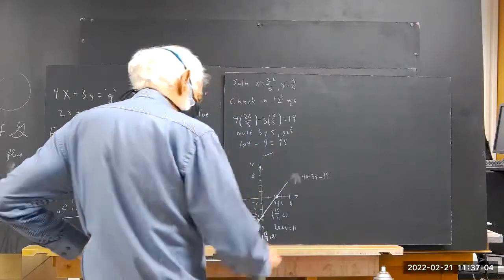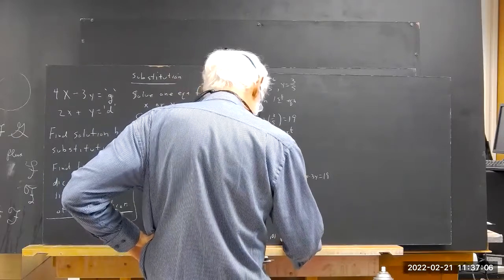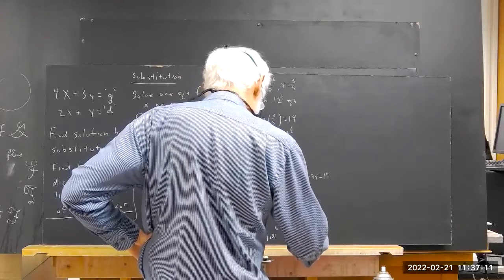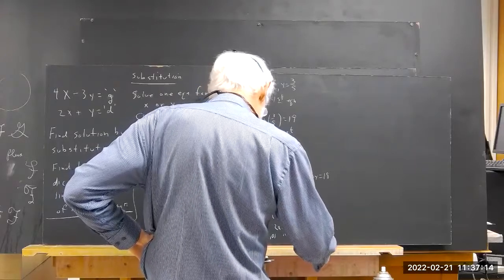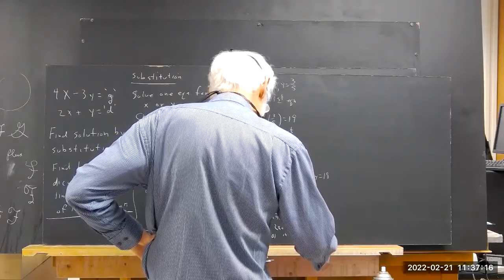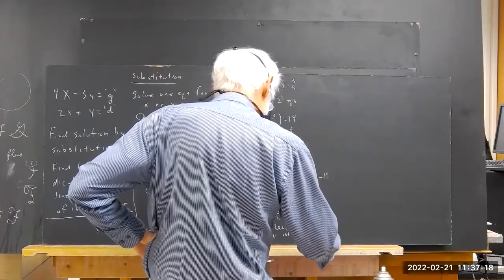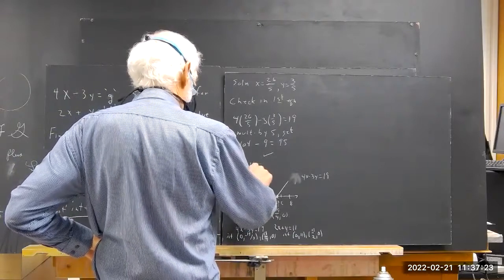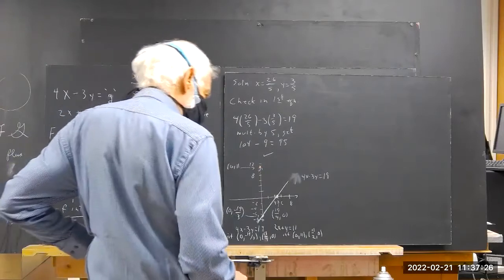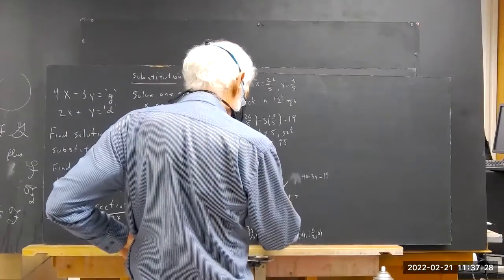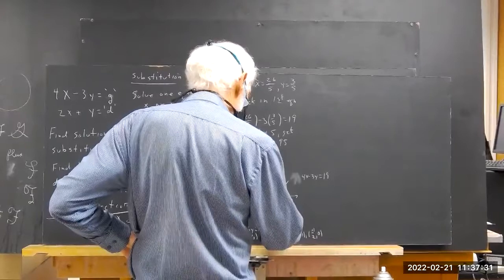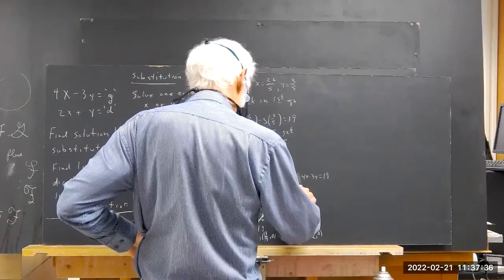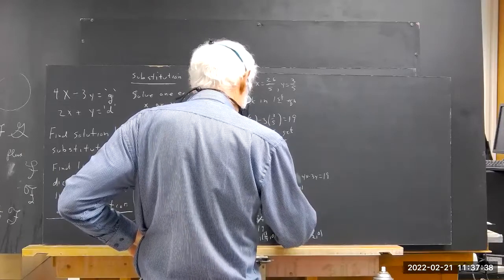And then my intercepts here are 0, 11, and 11 halves, 0. And so here's my 0, 11. And then 11 halves is 5 1/2. Well, this is a little less than 5. 5 1/2 is about here. Okay, so this is 11 halves, 0 about here.